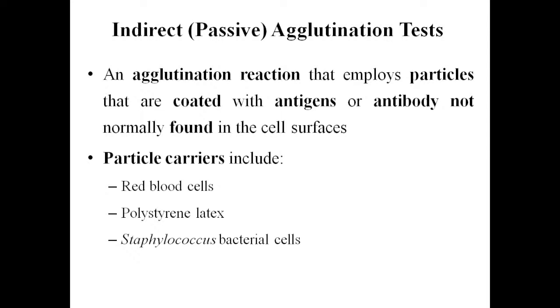I've said that we use passive or indirect agglutination test when the amount of antibodies in patient serum is very, very small. Particle carriers that can be used for these tests are red blood cells, or polystyrene latex, or Staphylococcus bacterial cells.